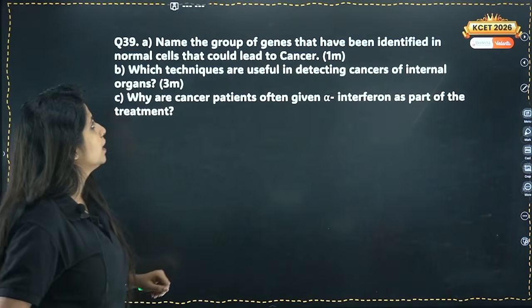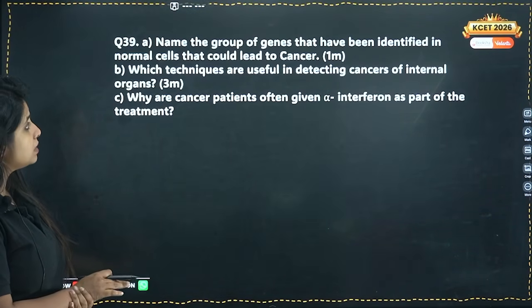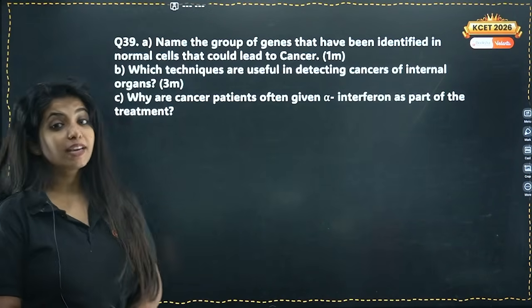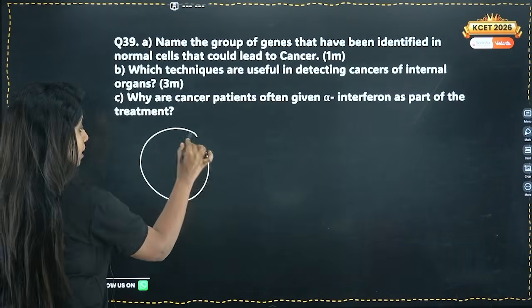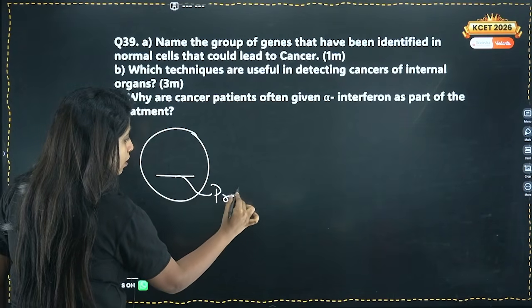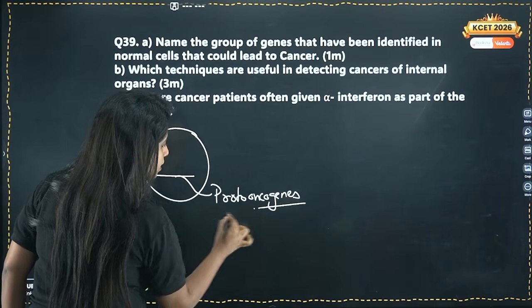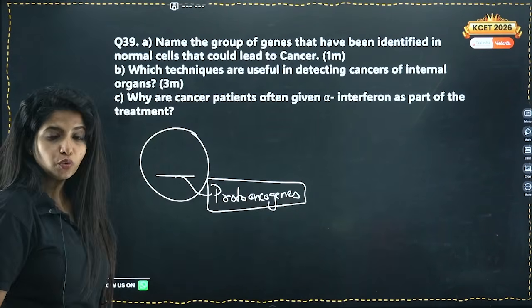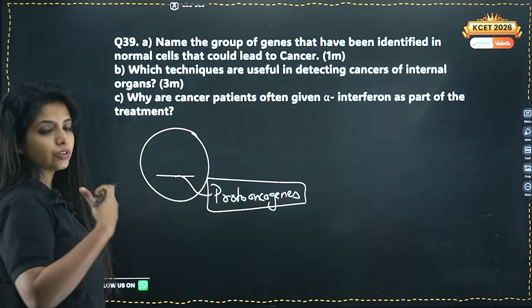Now, name the group of genes that have been identified in normal cells that could lead to cancer. They are found in normal cells, but they can lead to cancer. These genes are known as proto-oncogenes, my dear children. Proto-oncogenes normally function and produce proteins.